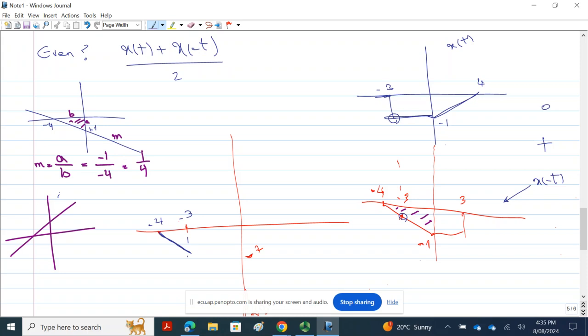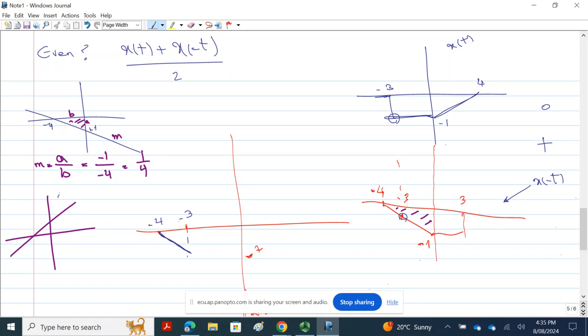Now, let's look at this line. What happens is, when you increase your x, what happens to your y? In this case, no, it decreases. So it should be negative.